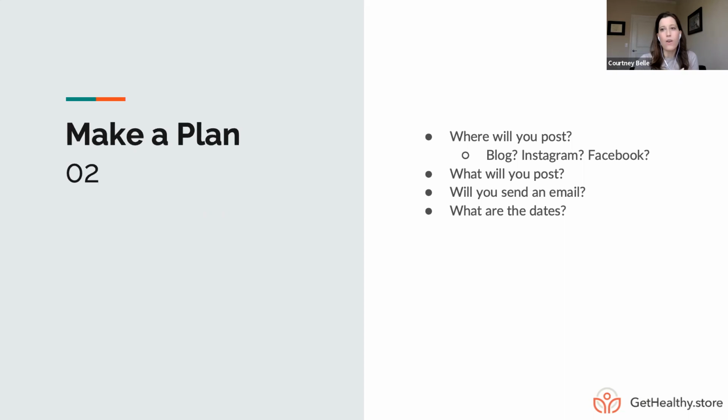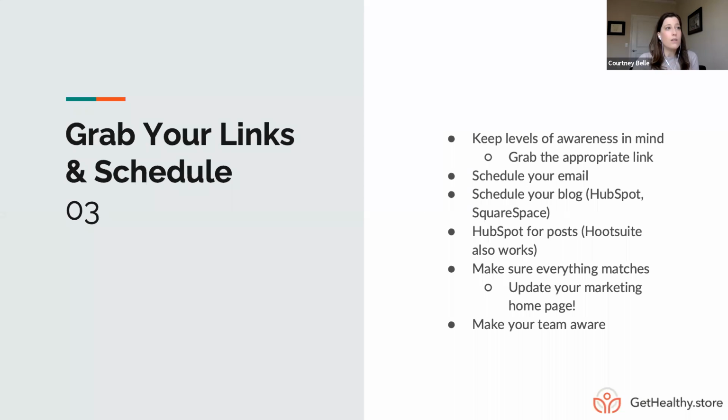You can even schedule out your social posts by using different software. We'll go over that specifically in a minute, but you'll want to grab your links and schedule it out strategically.